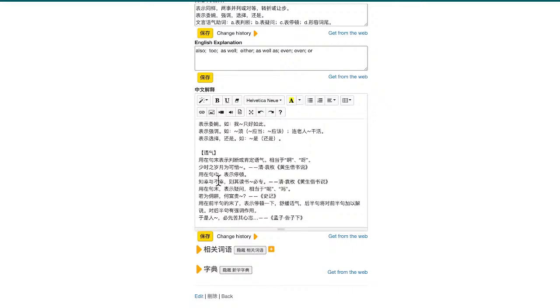Also, sometimes they put it in a sentence just to serve the purpose of a stop, so it almost feels like a comma. Because in classical Chinese there are no marks like a question mark, comma, or period. There's no such thing.